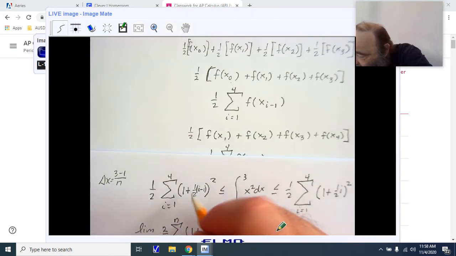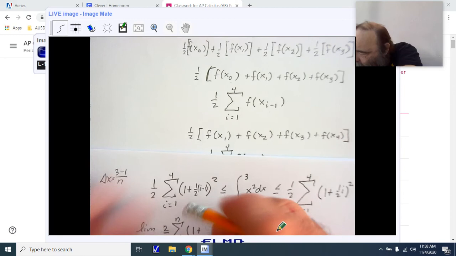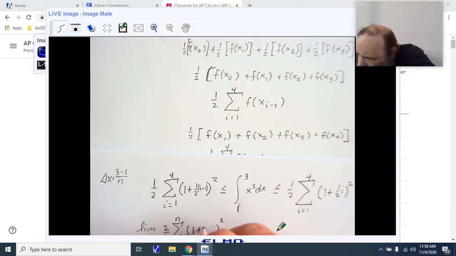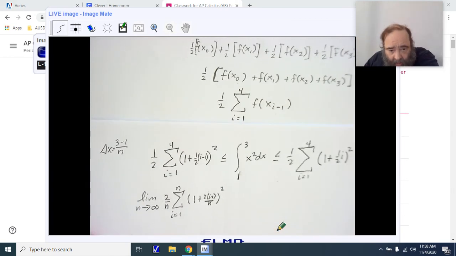That means that this has to change into a 2 over n as well. And I have now 2i minus 1 divided by n. And now I have a correct limit. Notice how when I altered the number of rectangles, it worked with the denominator.